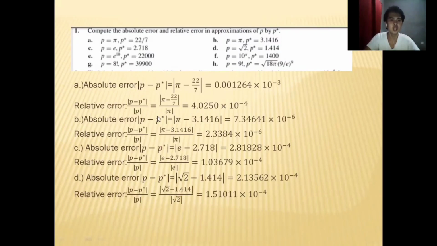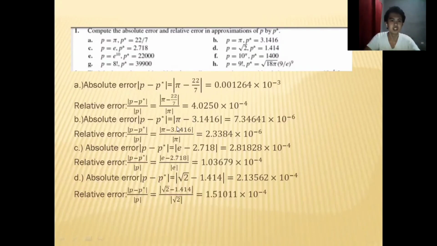In letter B to letter H, the process is the same. So, we use the absolute error and relative error formula. Letter B is, the exact value P is pi, and the approximate value P asterisk equals 3.1416.